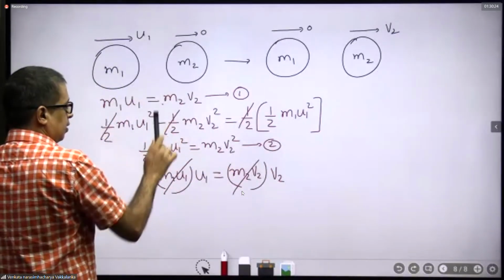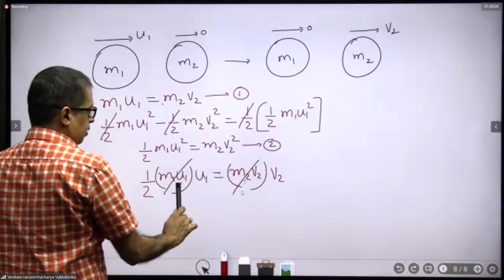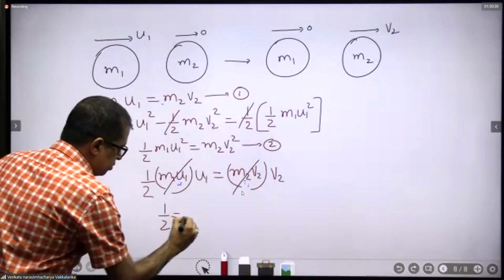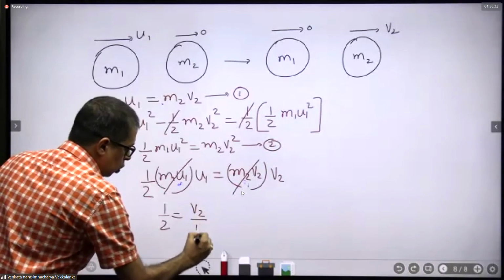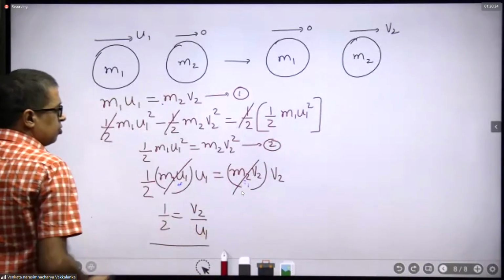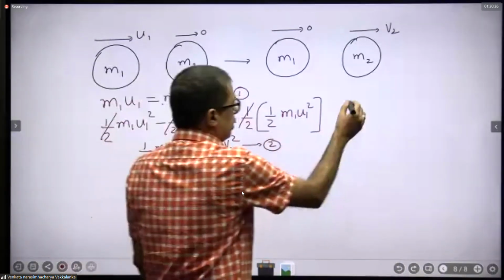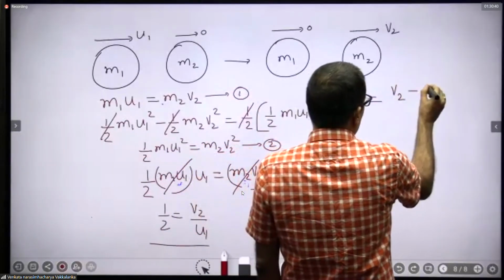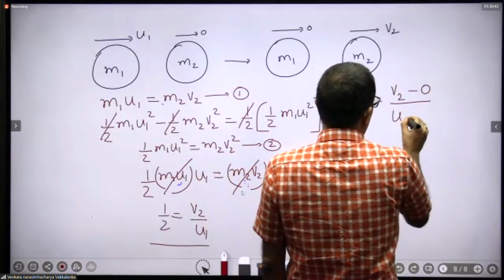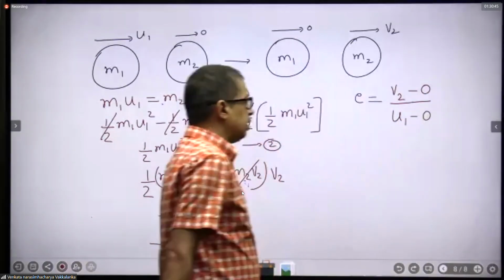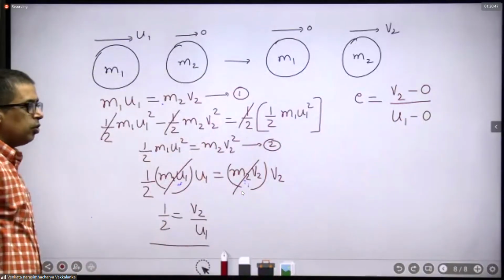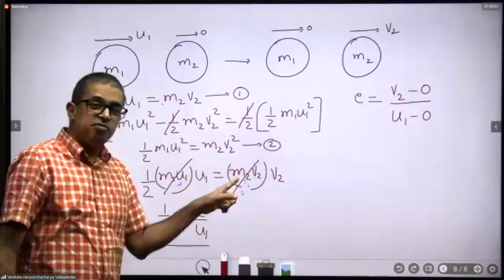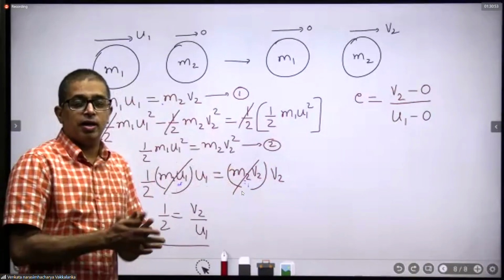It is equal to V2 by U1. Is this the coefficient of restitution? Yes, sir. Restitution is (V2 minus 0) upon (U1 minus 0), V2 by U1. You understood how we erased the quadratic equation.